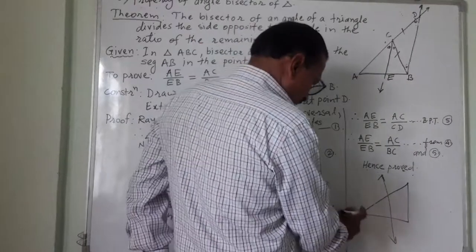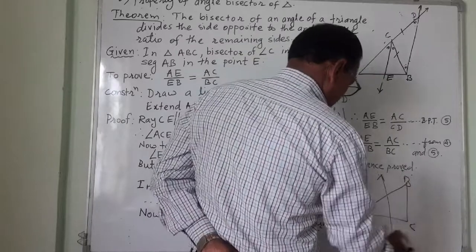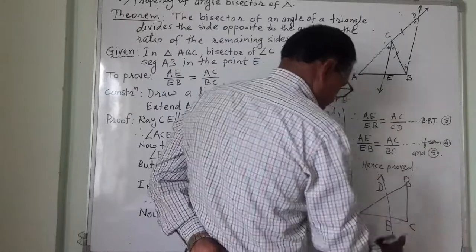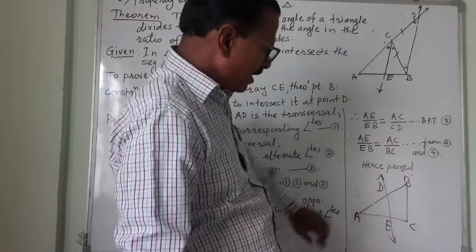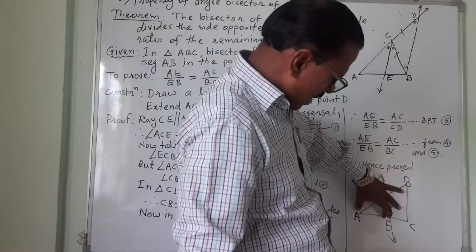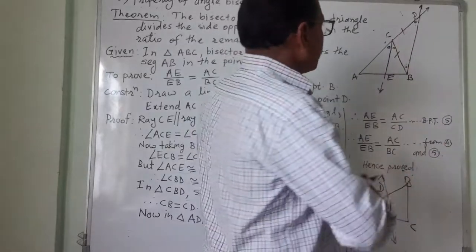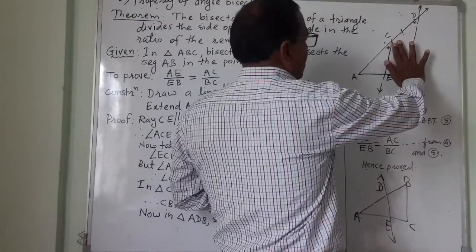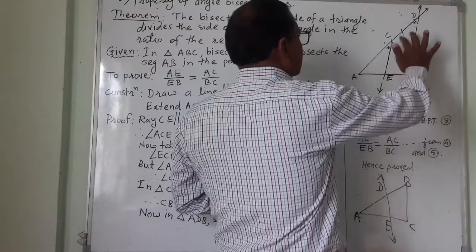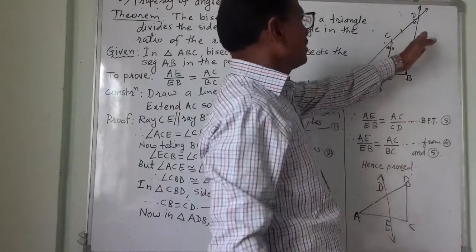So, by using BPT, A, B, C, and this is D, E, say suppose. What is BPT? AD upon DB is equal to AE upon EC. Forget this line, this one. Now the figure will look like this. This is parallel to this side.